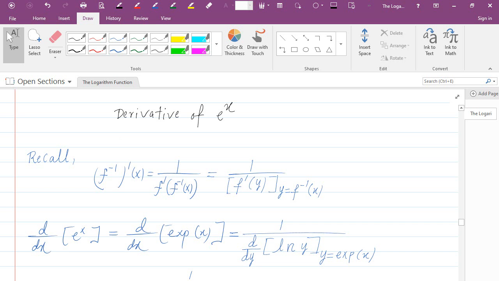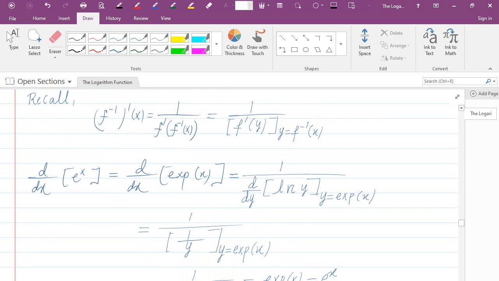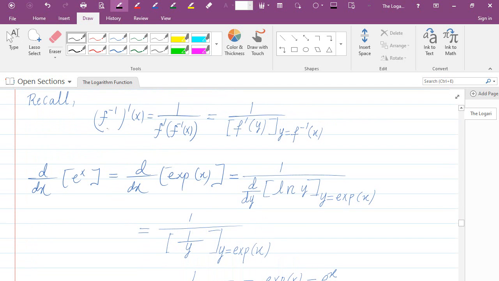First of all, let's recall that the derivative of the inverse of f, evaluated at x, is the same as 1 divided by the derivative of f evaluated at f inverse of x, which I'm going to rewrite as 1 divided by f prime of y, and then y would be replaced with f inverse of x.